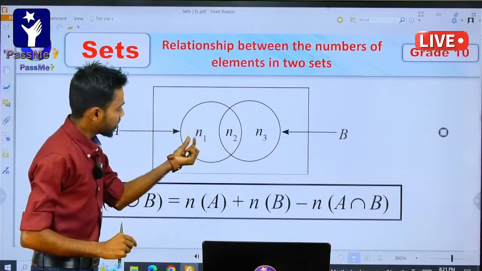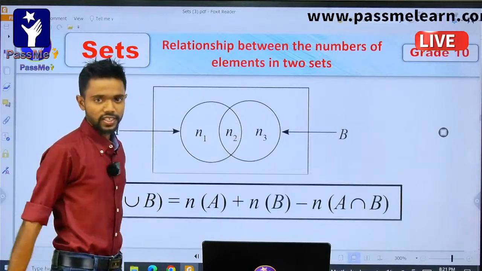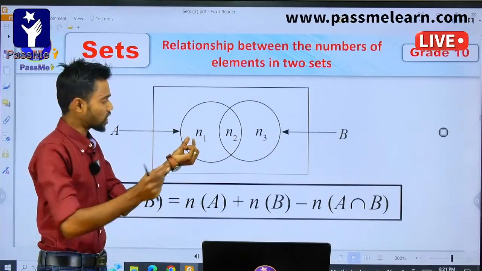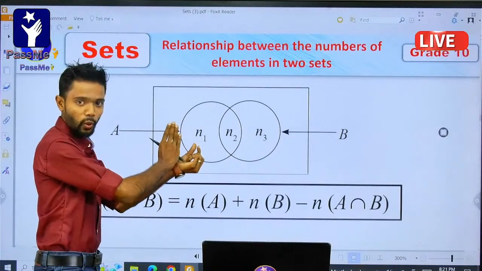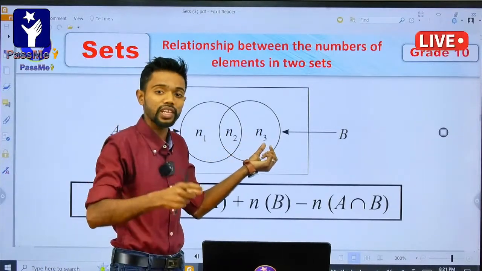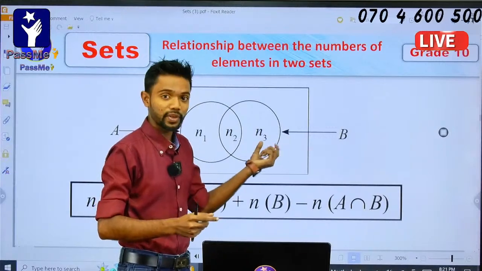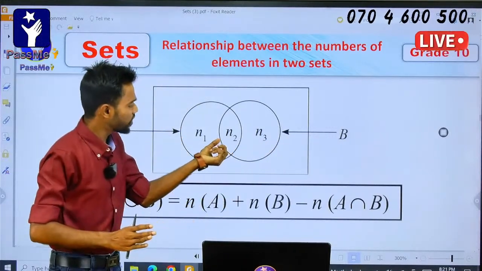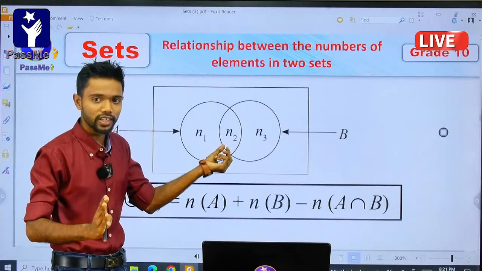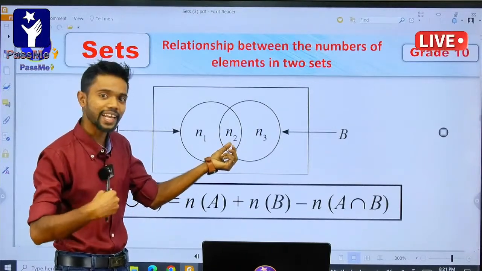You can see n1, n2 and n3 mentioned here. n1 is the number of elements relevant to capital A only, and n3 is the number of elements relevant to capital B only. But n2 is the number of elements common to both A and B sets.